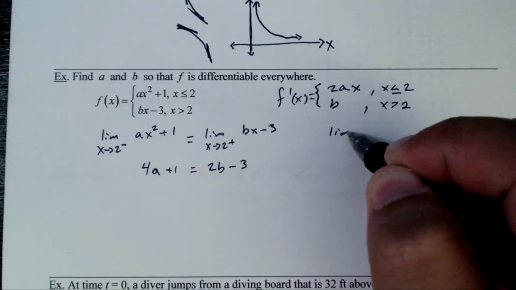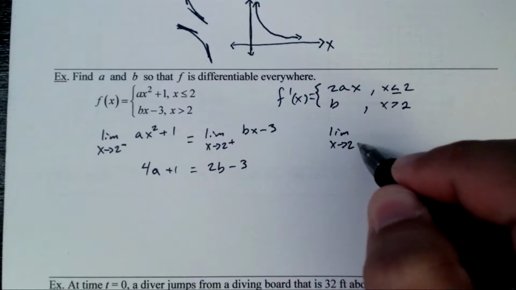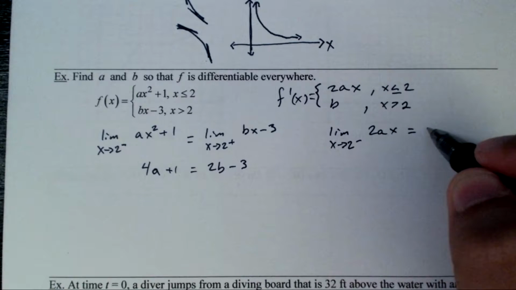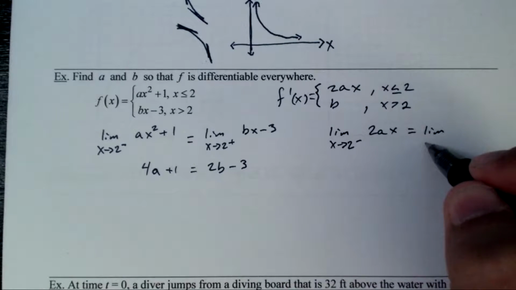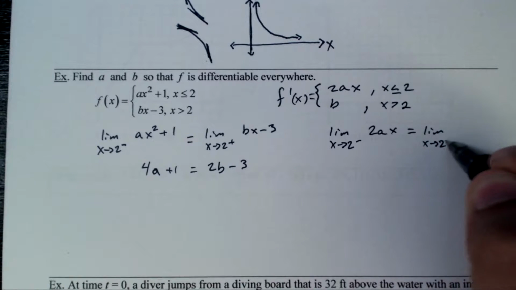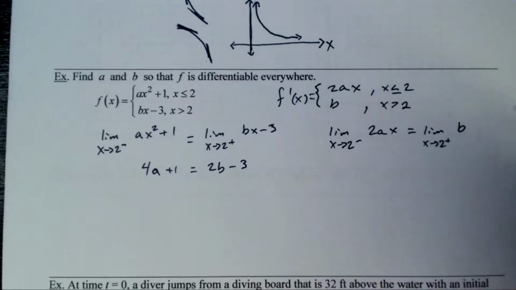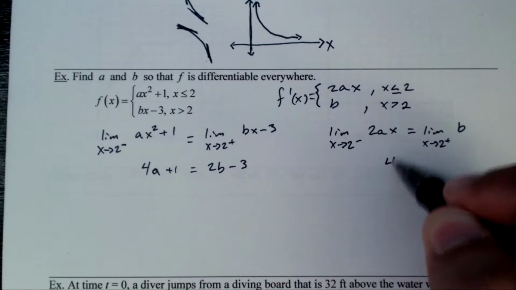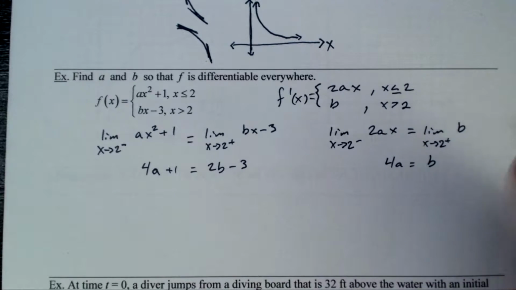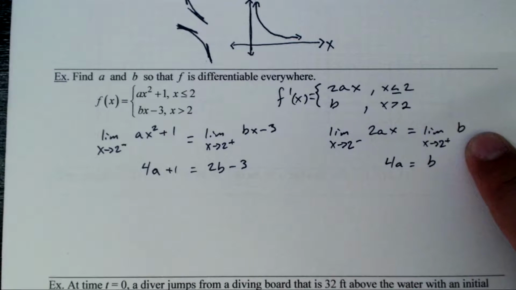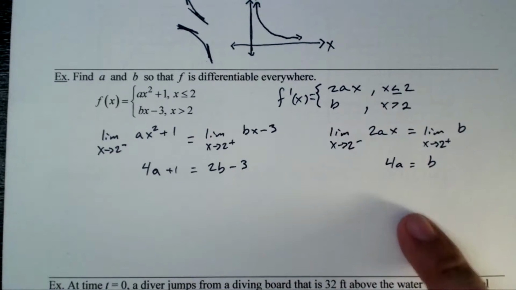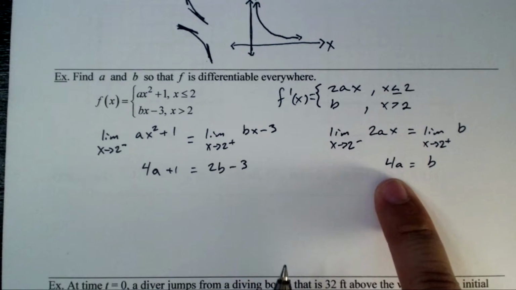So we're also going to look at the limit as x approaches 2 from the left of 2ax, and that has to be equal to the limit as you approach from the right of b. Now if we evaluate this one, plug in 2, we're going to get 4a is equal to simply b. B is just a constant in this case, so there's nothing to plug 2 into, and we just end up with b. So what we end up with here is that b is equal to 4a.